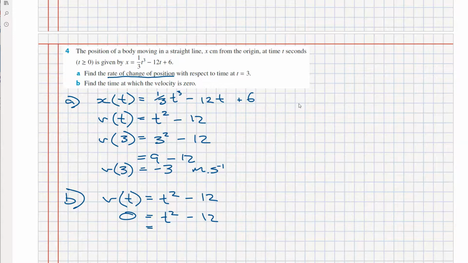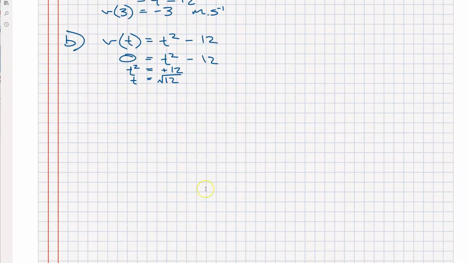So in this case, we've got t squared equals positive 12, and therefore t equals the square root of 12. And then simplifying this answer here, what we find is that it will be 4 times 3, and then 2 root 3, and that's seconds.